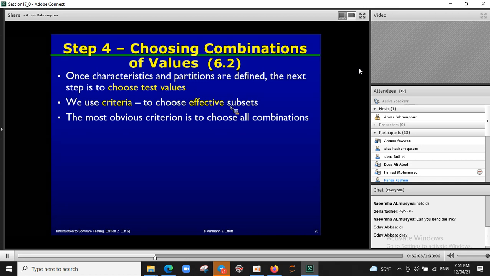In our simple program, as you have seen in previous lectures, which tries to detect the type of triangle, which has a few statements, when we want to test by all combinations, we should test about 64 combinations.